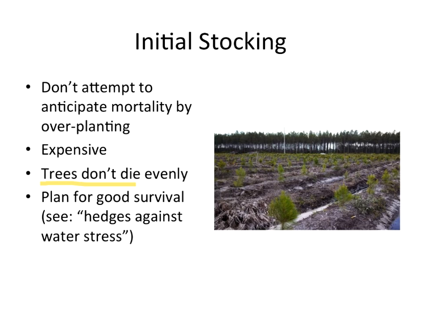They tend to die in patches. So really, the approach you want to be taking is to take those hedges that we just discussed and plan for good survival. Do what you can to hedge the bets so that every tree that you put out has the best chance of survival that you can manage and that you can afford. That's really the best approach in terms of stocking. Okay?